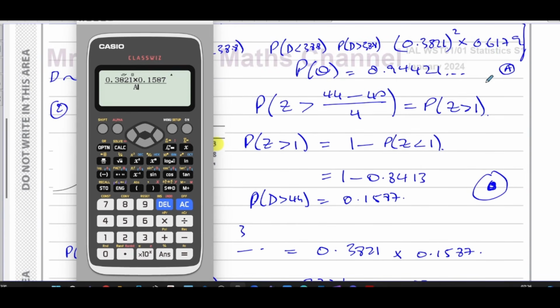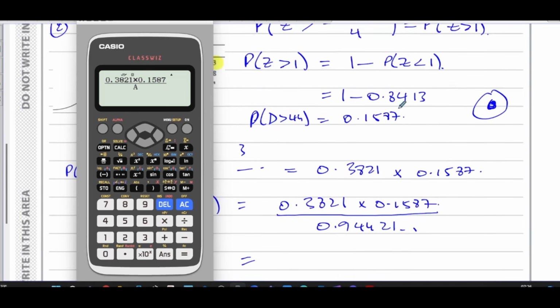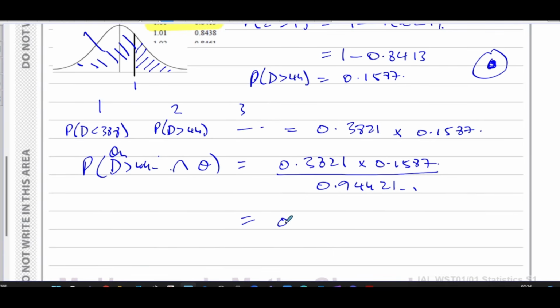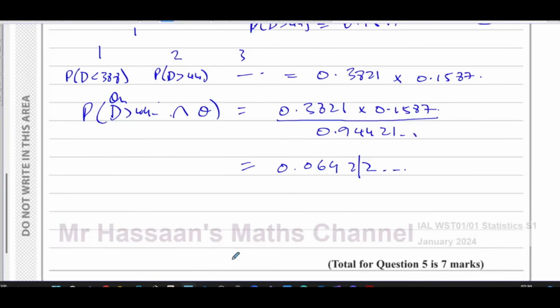That will give us our answer, which is 0.06422. Rounded to 3 significant figures, the final answer is 0.0642. And there we have the answer to this question.